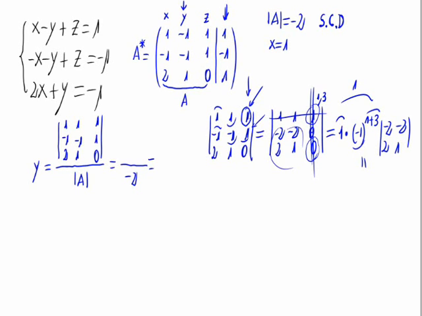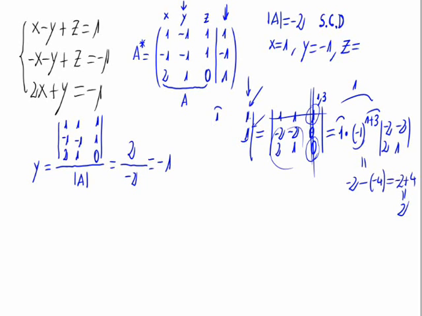It is minus 2, 2, and 1. And the result of this operation would be minus 2 minus minus 4, that is minus 2 plus 4 equals 2. So, as this determinant is 2, the y would be 2 divided by minus 2, that is minus 1. We found out the y.